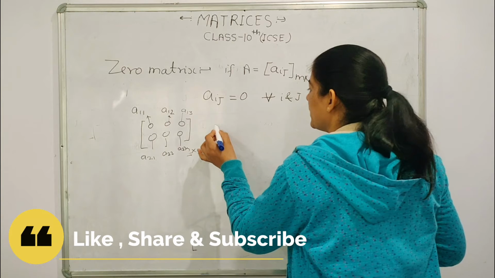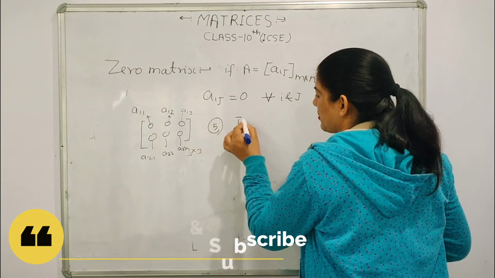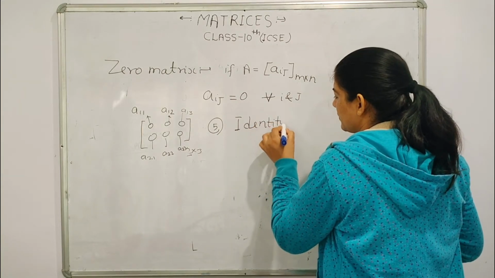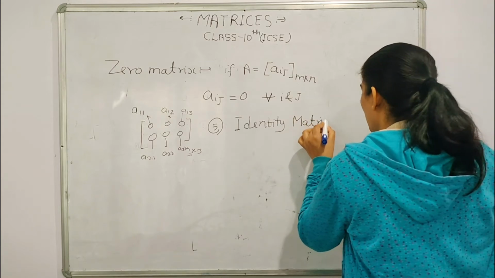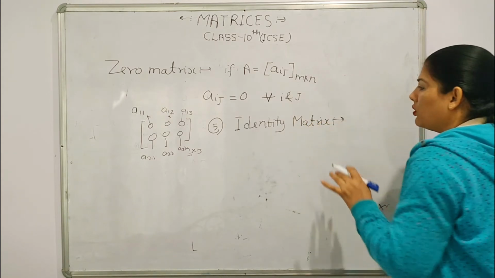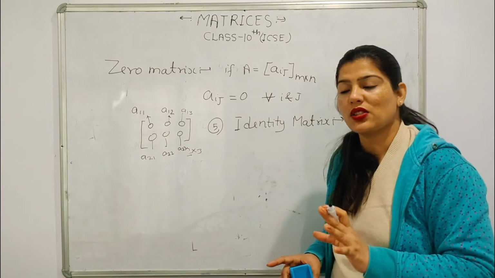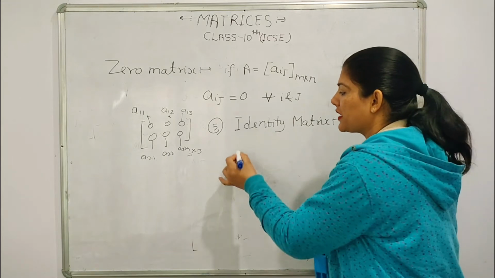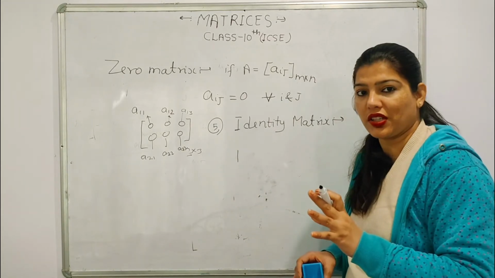After this, the fifth part is the identity matrix. As we all know, identity means 1. So if the matrix is 1, you cannot write the matrix as 1 only, because a matrix is in element representation.